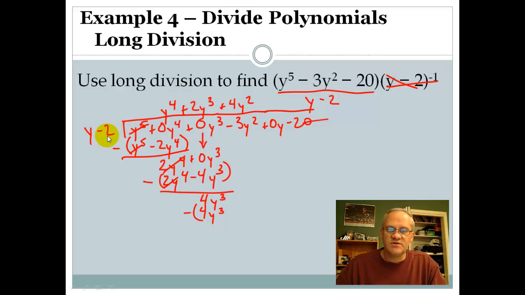And 4y squared times negative 2 is going to be a negative 8y squared. Again, if you want to bring this one down, that's going to give you the minus 3y squared. So now I've got these cancel. Negative 3y squared minus a negative 8y squared, that's plus 8. So this is going to be 5y squared.